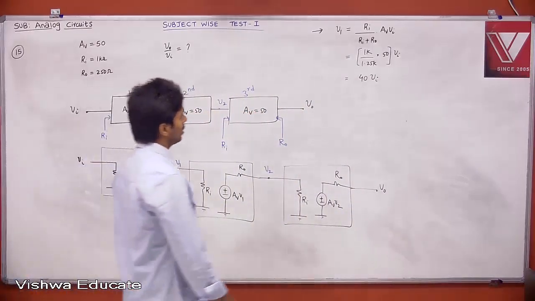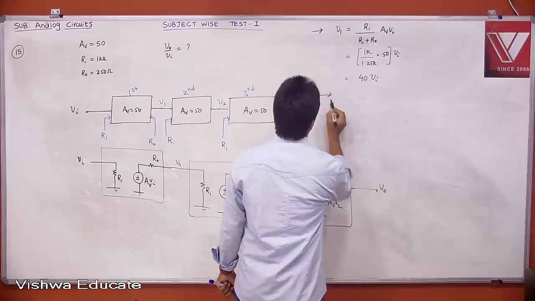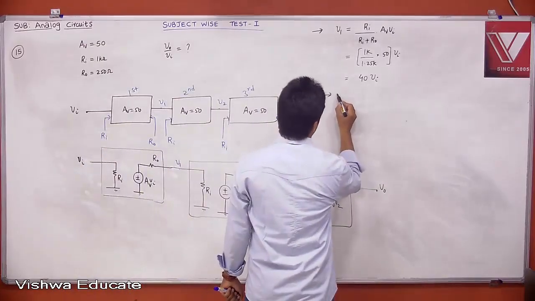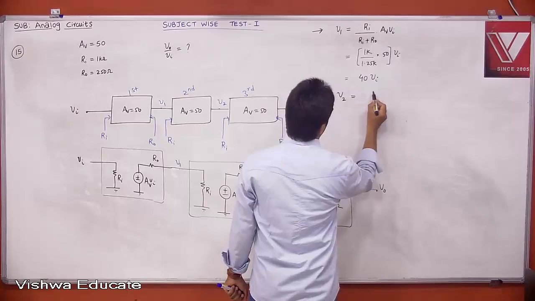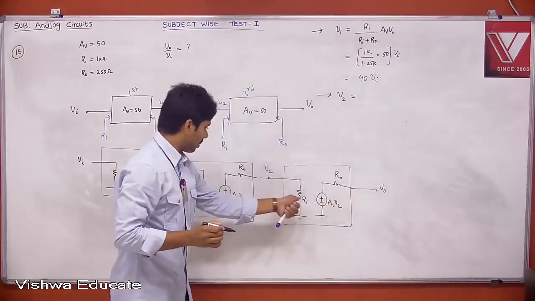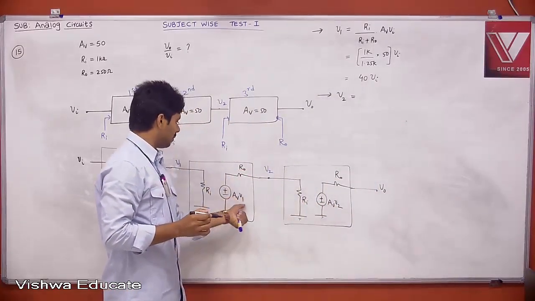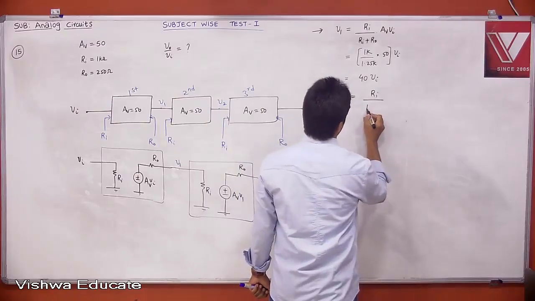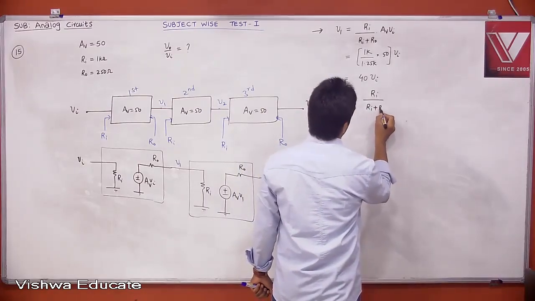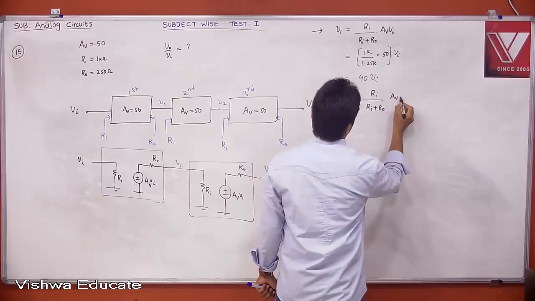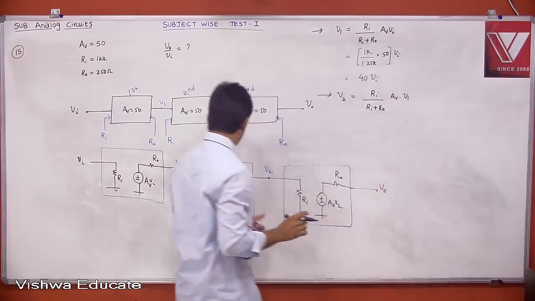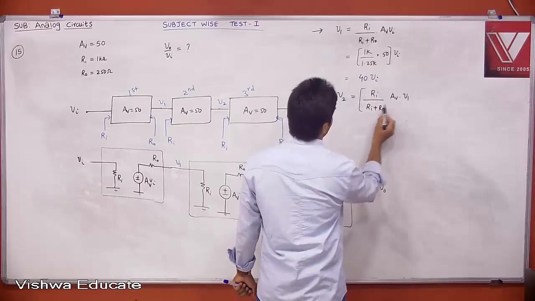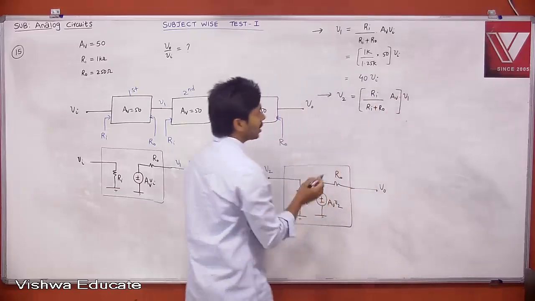Okay, fine. Now the second point, I want to know what is V2. Your V2 is equal to again Ri divided by Ri plus R0 into AV into V1. I think we already solved this one, right?